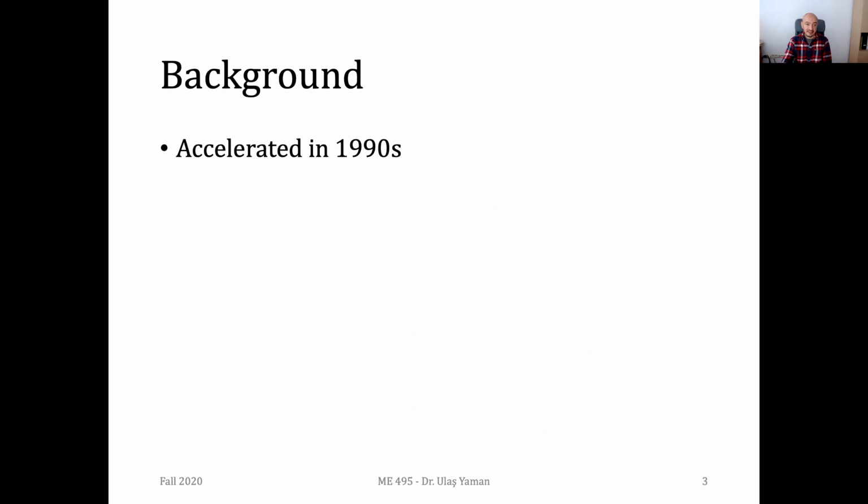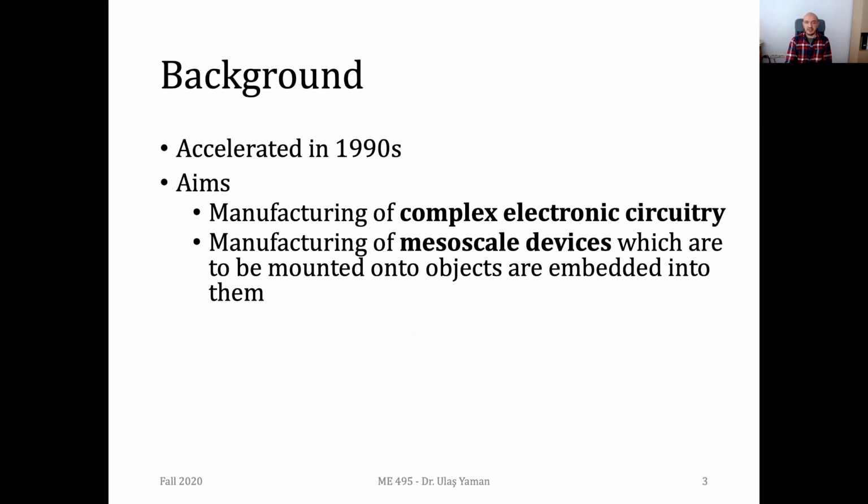It was accelerated in the 1990s. It's quite a new technology. We first focused on producing some electronic circuitry by depositing conductive material. Then people also started to use this technology to obtain mesoscale devices, not micro or macro, but devices in between.